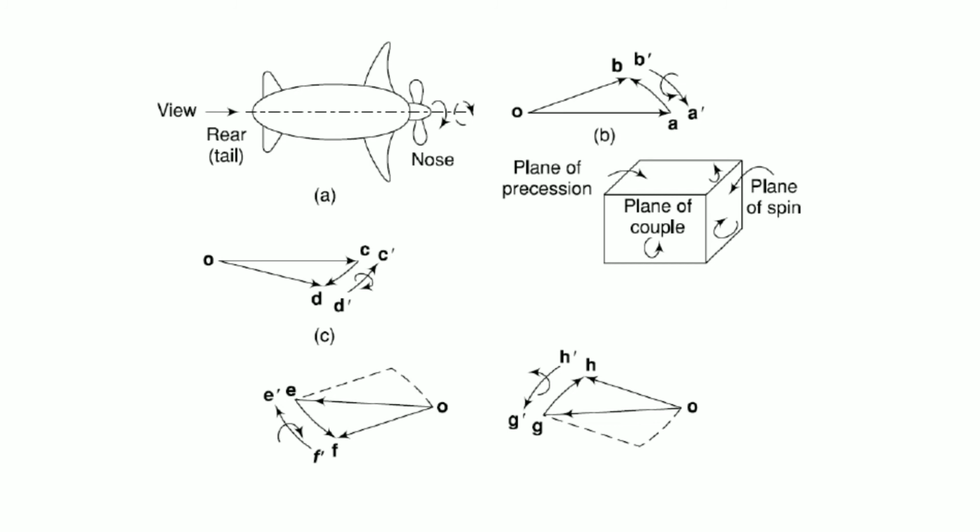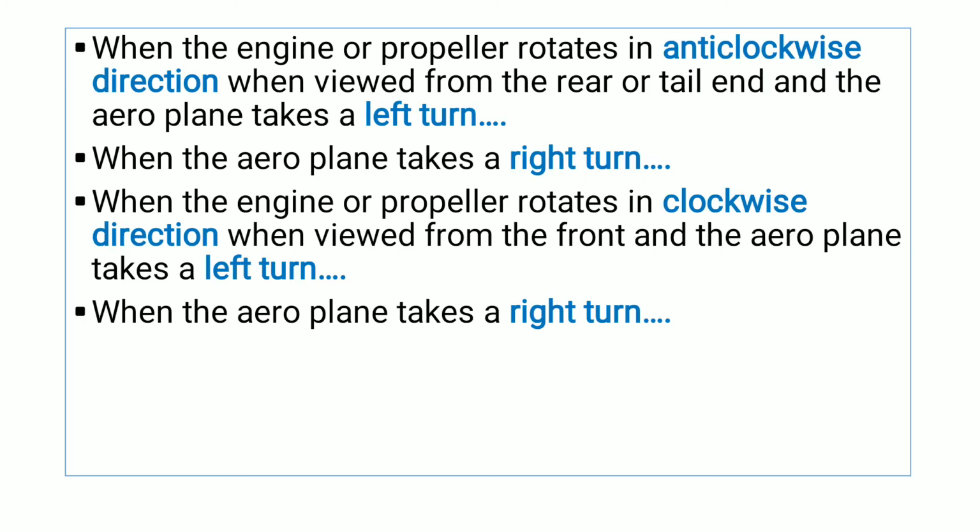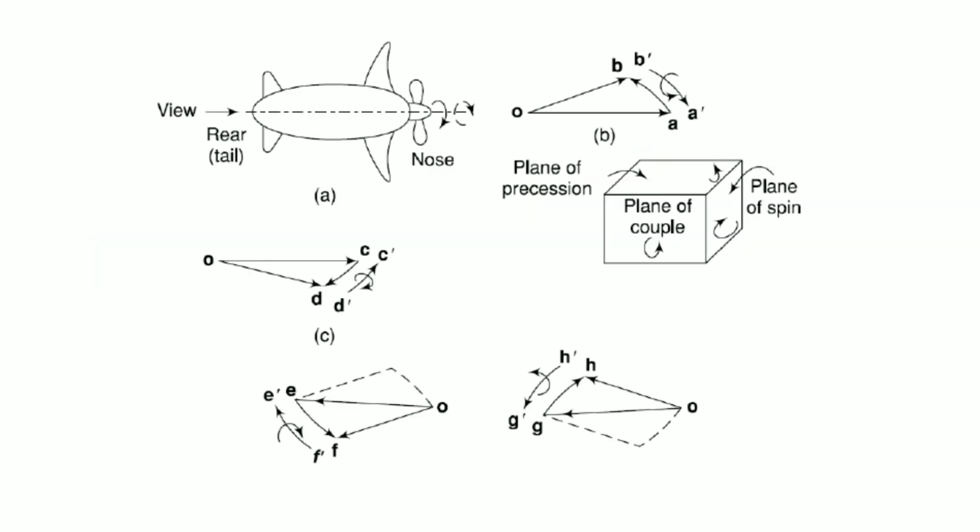Because of this, AB is the active gyroscopic couple, and B dash A dash is known as the reactive gyroscopic couple. If we use the right hand screw rule, then it will definitely lower the tail and raise the nose.